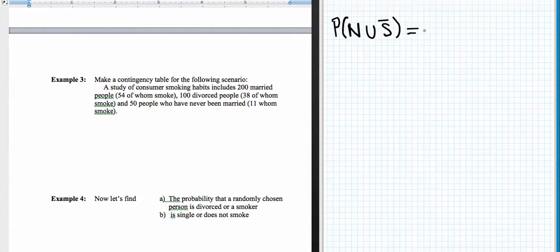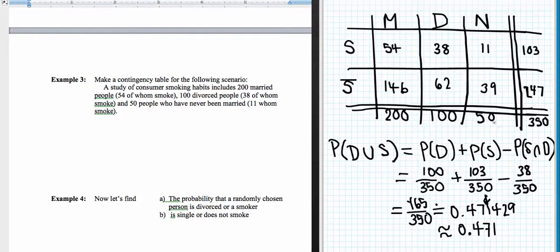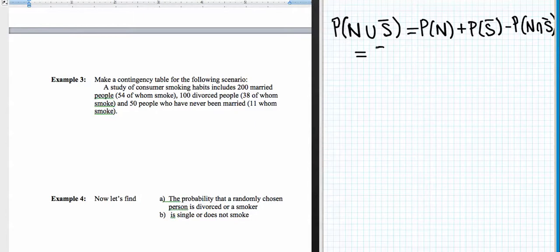So this one's just going to look like the probability that they've never been married plus the probability that they don't smoke, and then we have to subtract out the probability that they've never been married and they don't smoke because there is an overlap there. So the probability that they've never been married, there's 50 out of the 350 that have never been married, so that's 50 out of 350.